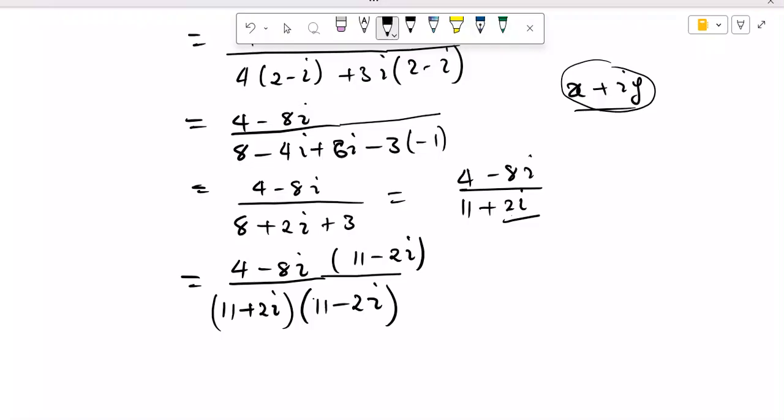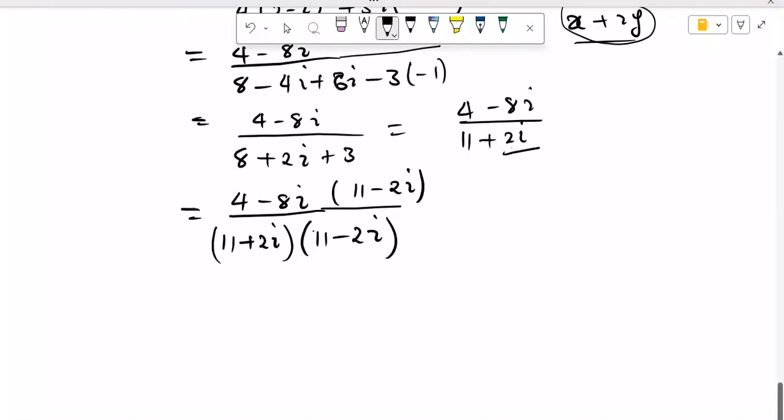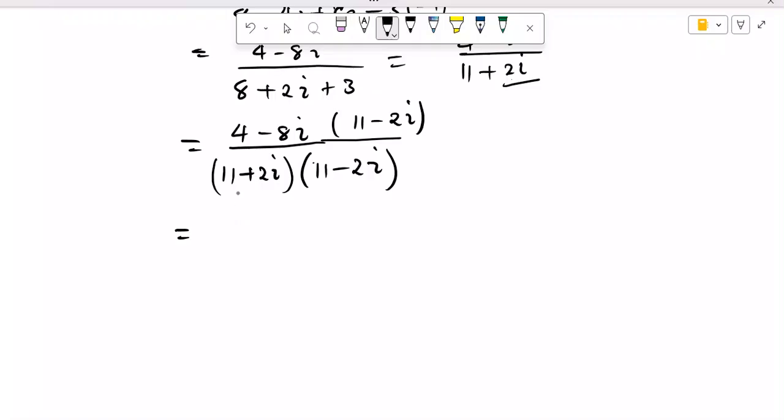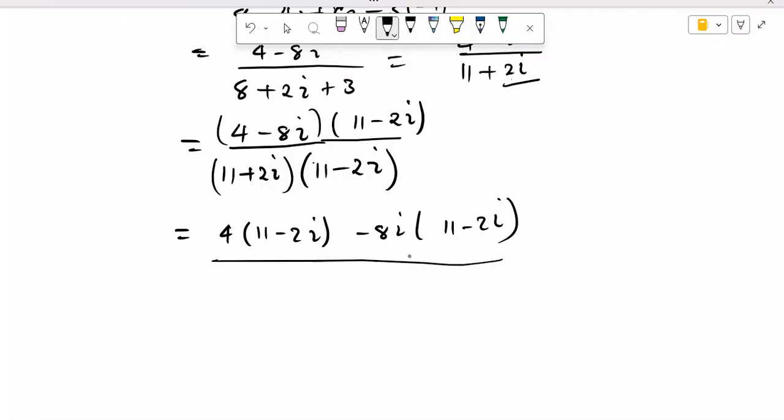Okay, like that. Okay, so next, now you expand. So you have 4 minus 8i, this is also in the bracket. 4 by everything here, negative 8i by everything here, 11 by everything here, 2i by everything here. So you have 4 by (11 minus 2i) minus 8i by (11 minus 2i) over 11 by (11 minus 2i) plus 2i by (11 minus 2i).